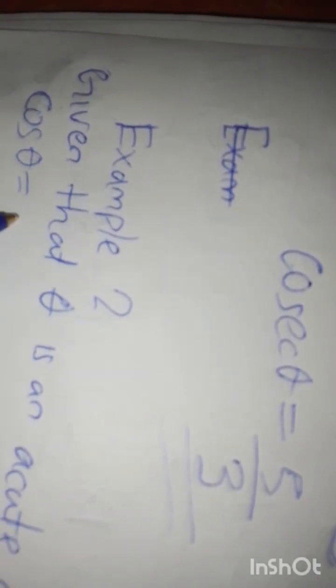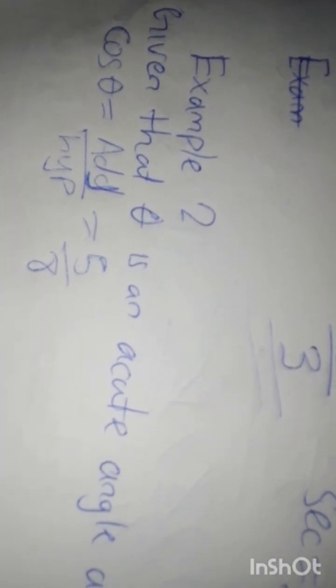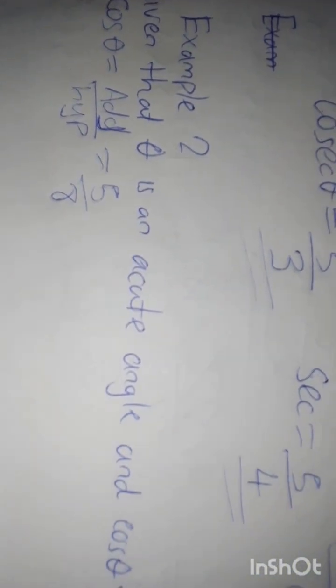We first have to understand what cos theta is. We said cos theta is equal to adjacent over hypotenuse. So this 5 here is our adjacent and the 8 is our hypotenuse. Since we only have the adjacent and the hypotenuse, we can find the opposite.